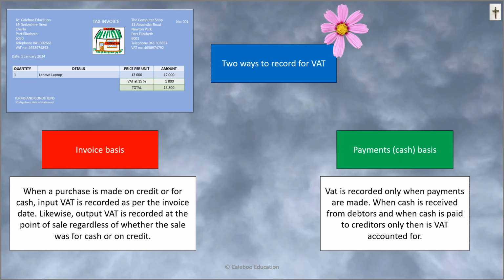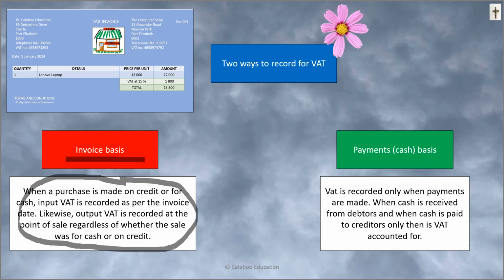What should we do now? I'm going to look at two ways to record VAT. There's the invoice basis method. Input VAT and output VAT, they're both recorded at the time the transaction takes place. So the invoice date.